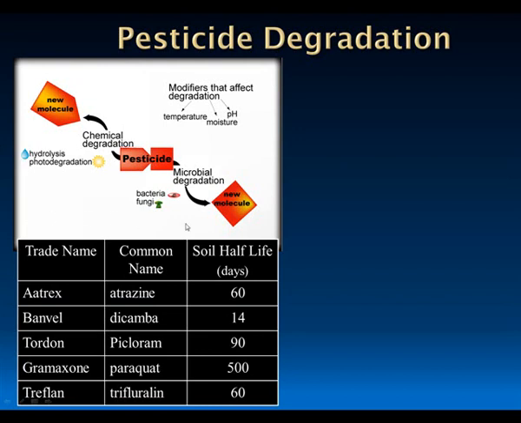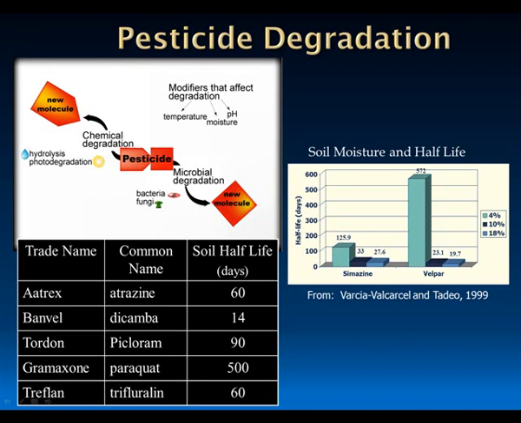So we tend to think about that in terms of half-lives, or the number of days it takes before only half of the product is left. And you can see we've got a range of half-lives here from 14 days to 500 days. And obviously those that have shorter half-lives are going to be less likely to make it into water if we're only considering that attribute, because they're going to break down.